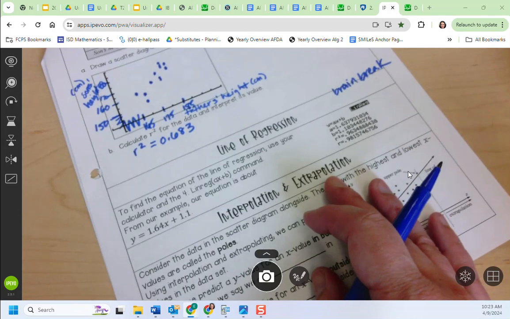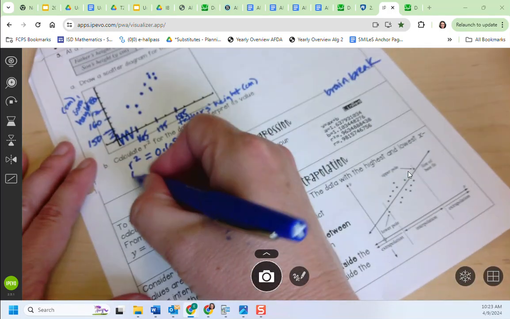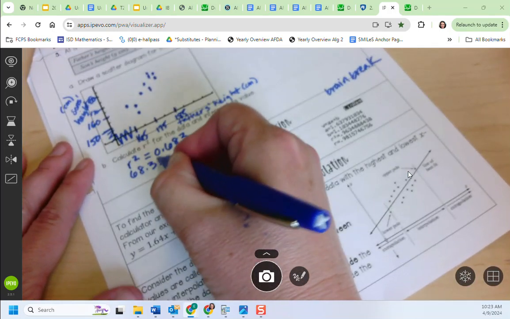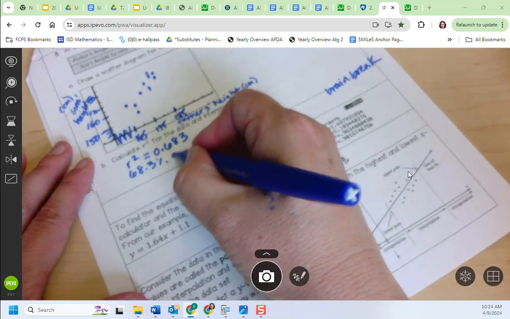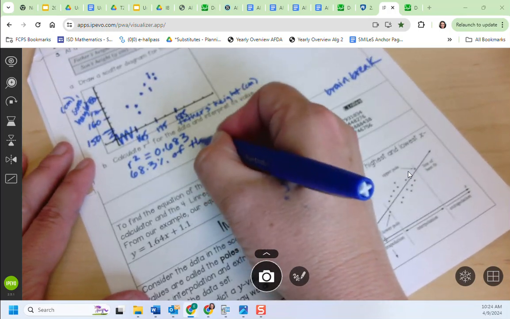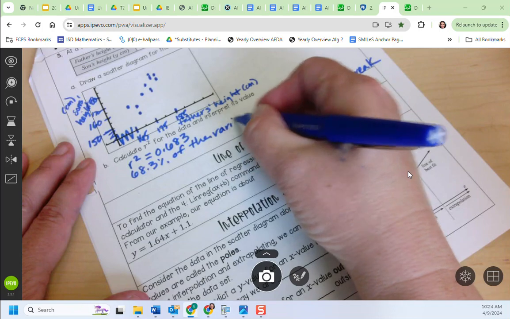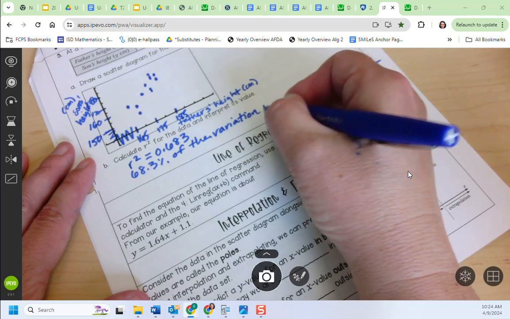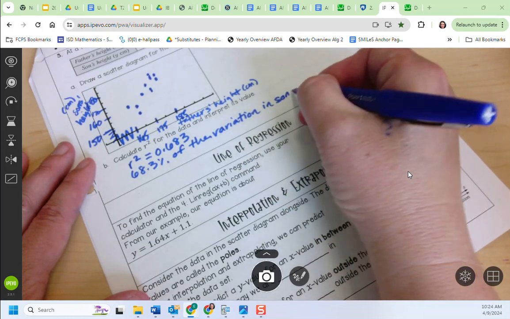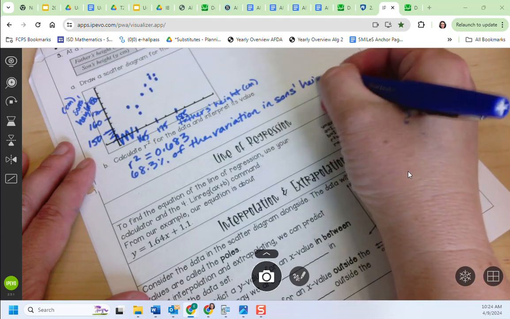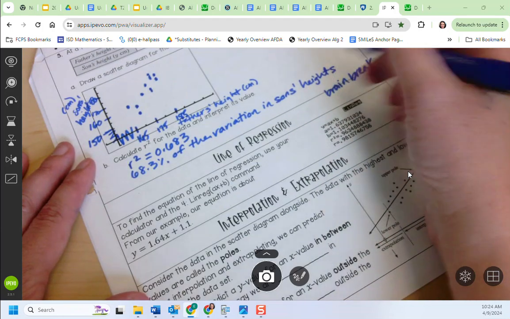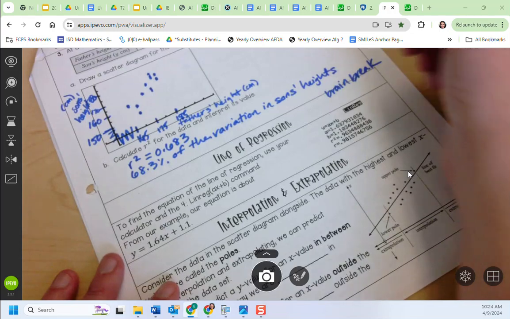So we can say that 68.3% of the variation in sons' heights can be explained by the fathers' heights.